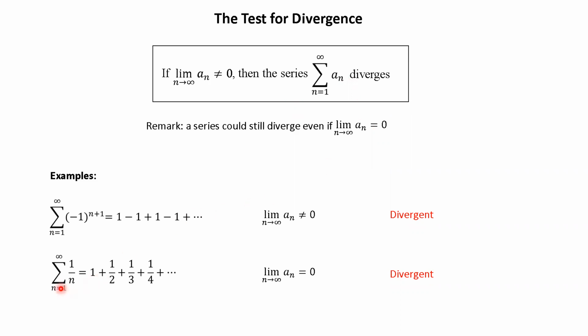One example: remember last time we had this harmonic series that we know is divergent. But if you take one of the terms, which is just 1 over n, and take the limit, it does go to 0. Still, this is a divergent series.